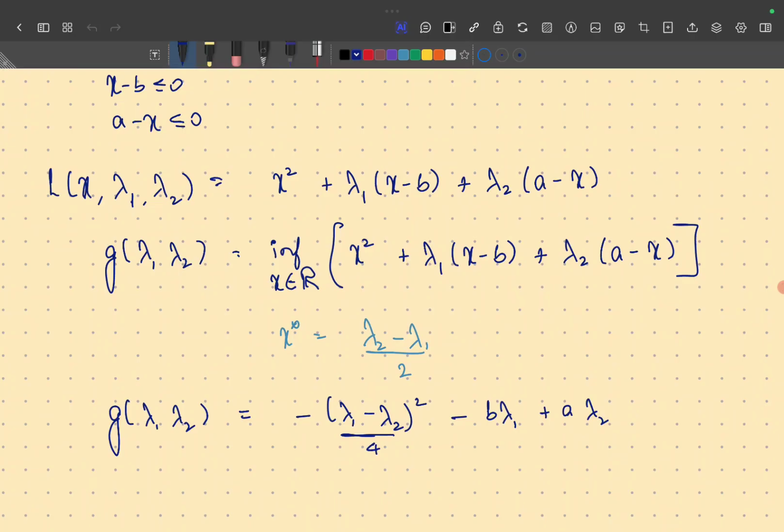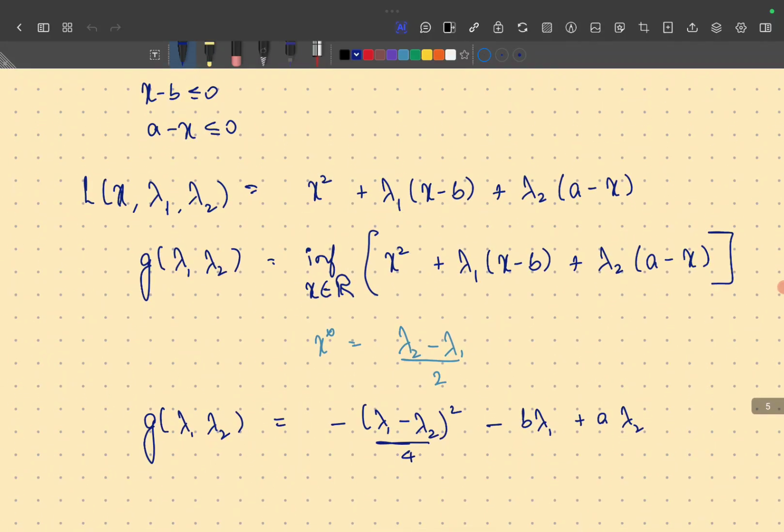So, okay, in this case, what can you say about the primal optimization problem? It's convex, right? Because the objective function is convex. The constraint functions are all basically affine functions, right? And therefore they're convex.